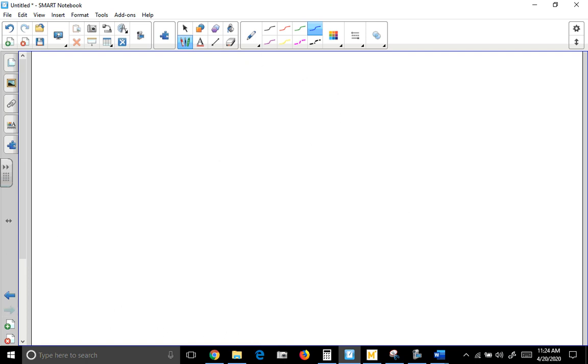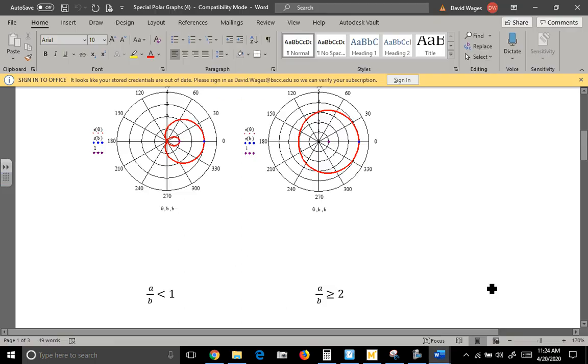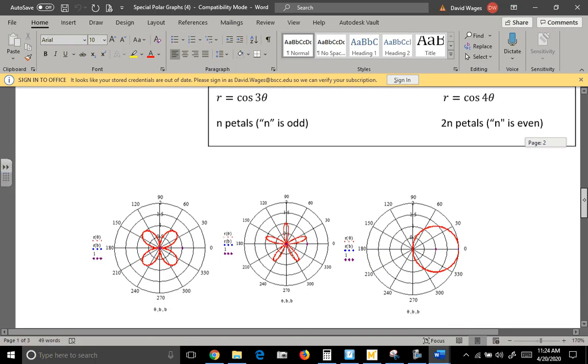So some other special graphs that are on this list are ones like this. 3 cosine 5 theta. And let's not do 5, let's do 3 theta. So if we look on our handout, ones of that form are on the second page.